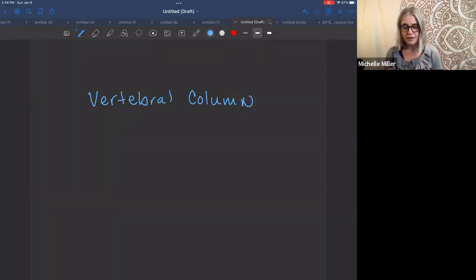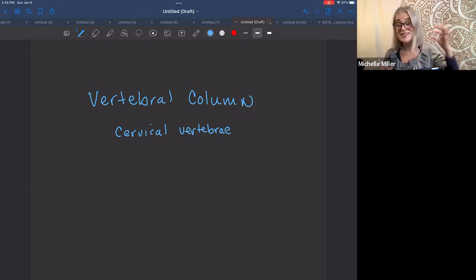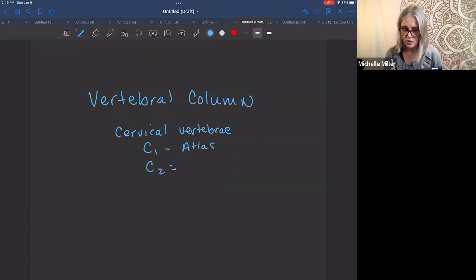So in our vertebral column, we have four major parts. So we have the cervical part, the cervical vertebrae, and this is in the neck. And there are two very special vertebrae that are found articulating with the skull, which include C1, which is called the atlas, and C2, which is called the axis.